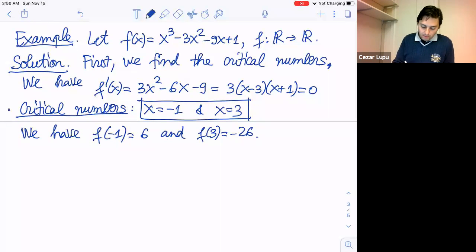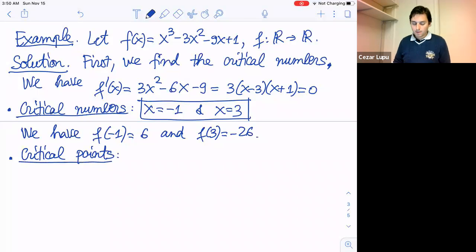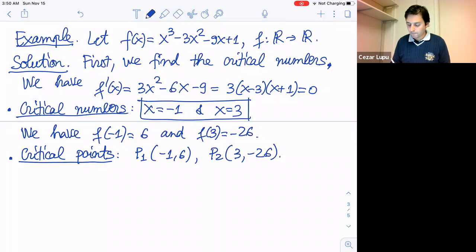So the critical points are P1 of coordinates -1 and 6, and P2 of coordinates 3 and -26. All right, so these are the two critical points.